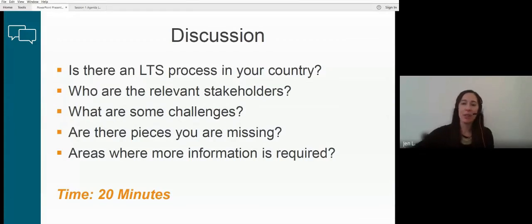Excellent. So I'm going to call on a couple of you to share with us who your kind of leading entity, because this idea of stakeholders came up in our discussions previously. So who's leading this process? So I'm wondering if Colombia, can you share with us who is the lead agency on this process and who are the relevant stakeholders that you're engaging?